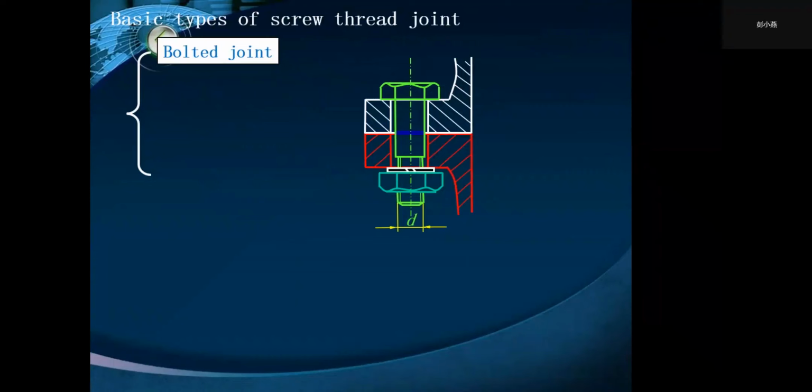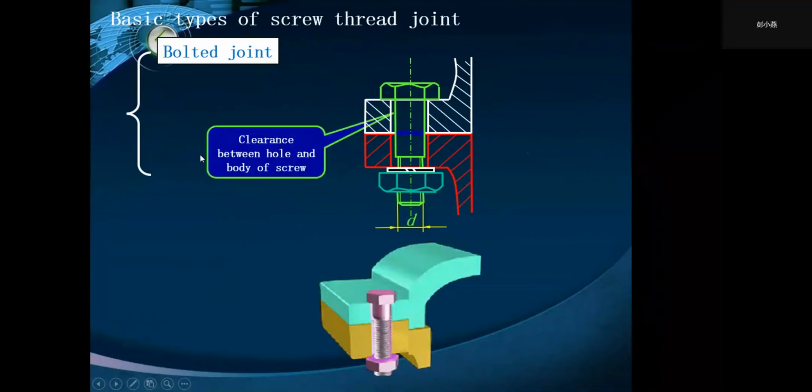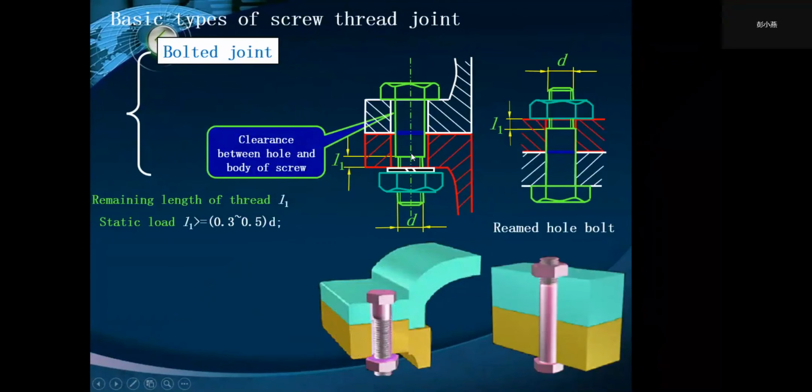The clamped members are drilled with several holes. There are two types of bolted joint, the ordinary and the reamed.